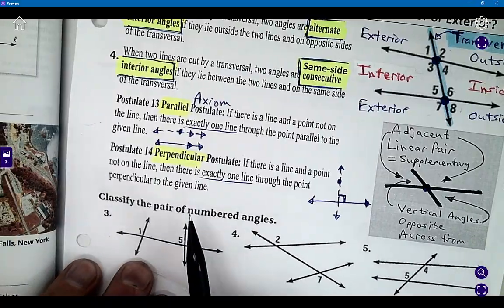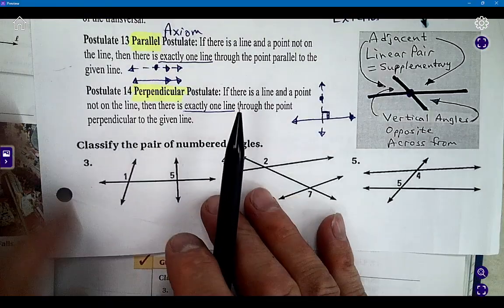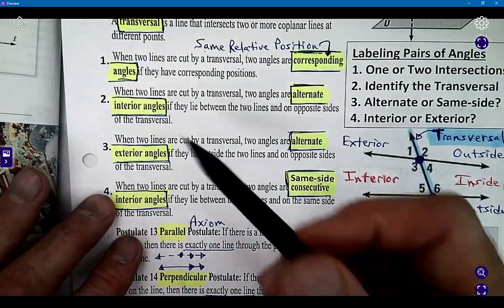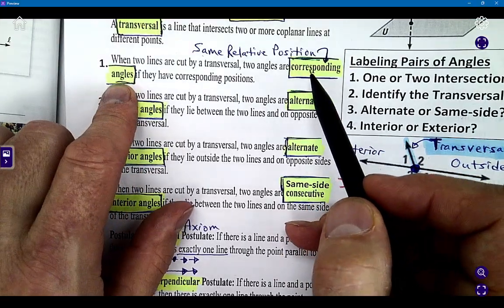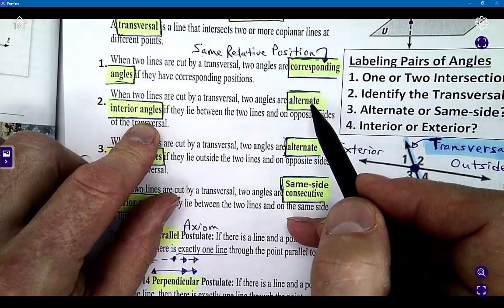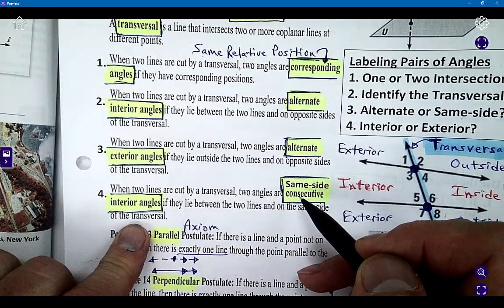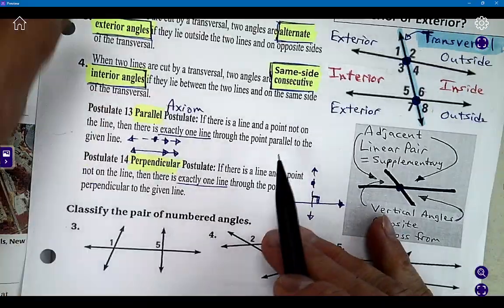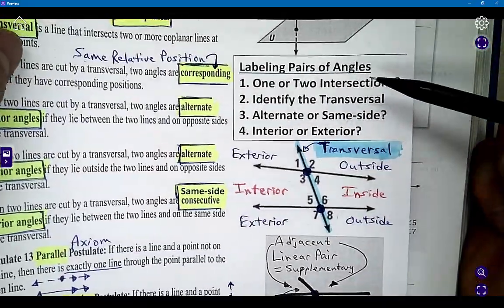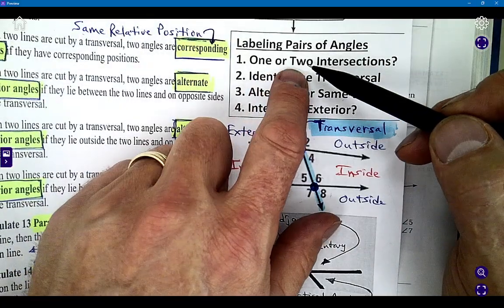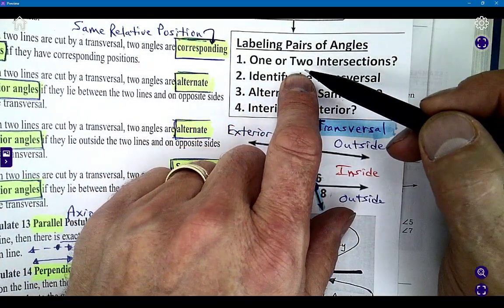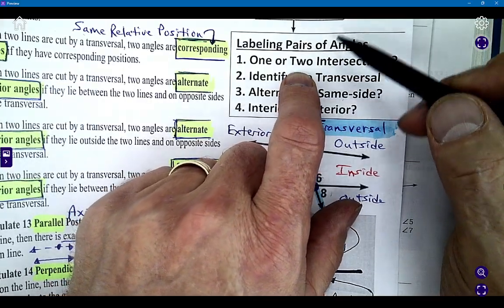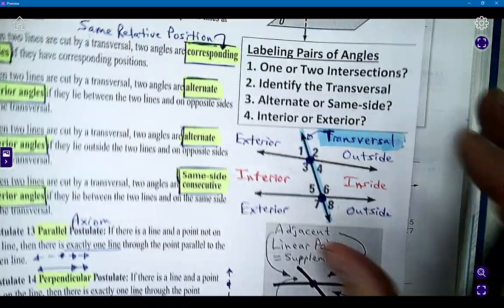But now you go through and figure out the relationship between angles 1 and 5. It's going to be one of these 4. And please do write out the whole description of that angle pair for angles 1 and 5. Let me just give you a hint: all of these down below are related to 2 intersections.